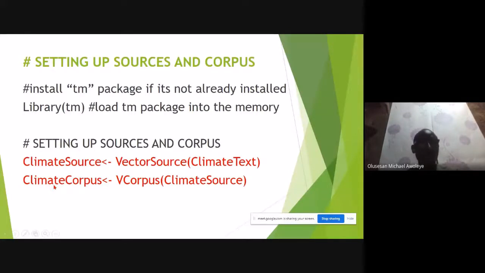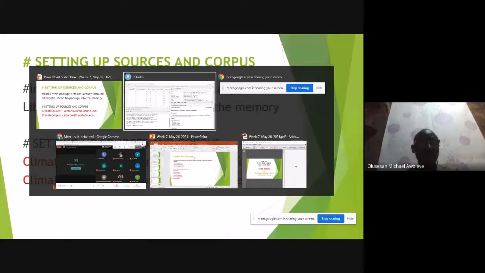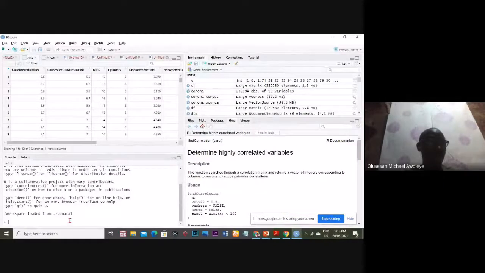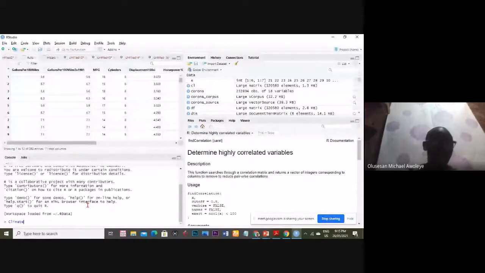So from your end, I want you to do that. You want to do a vector source now, using your climate text. For me, I have it already, but that's fine. Climate source is just a name of my own.